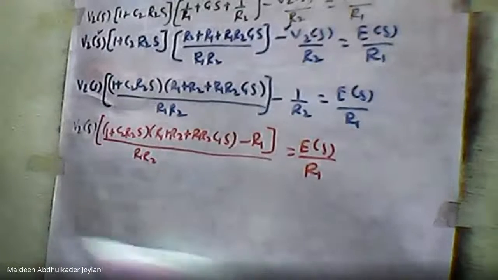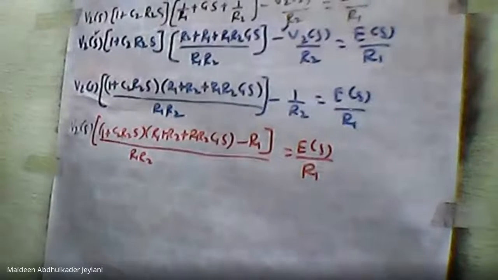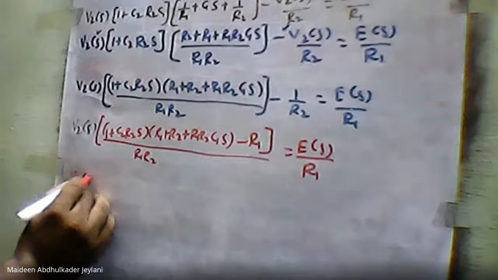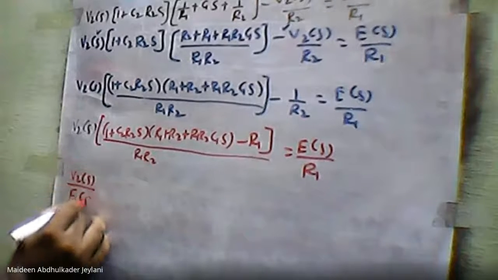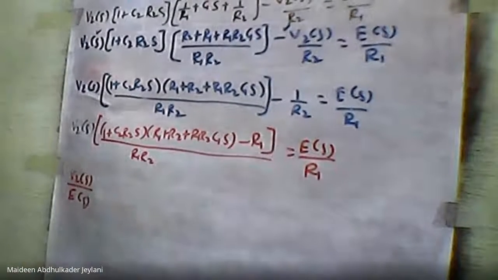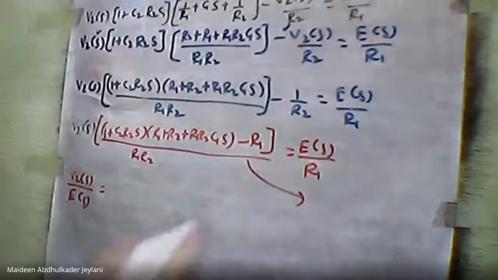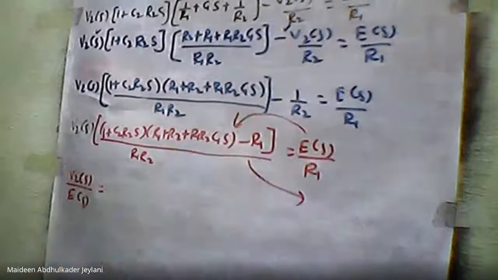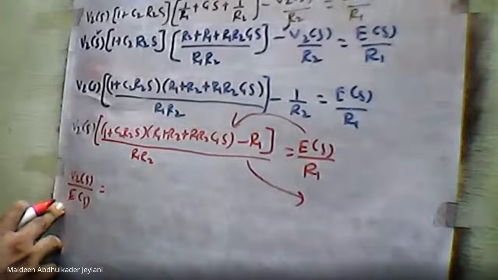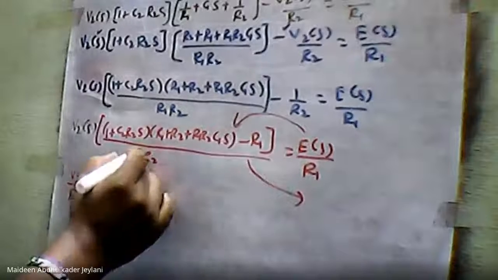So what's our transfer function? The Laplace transform of output to the Laplace transform of input. Okay, find output is V2 of S divided by E of S. Okay, if you bring this term to the right hand side and bring right hand side terms to the left hand side, V2 of S divided by E of S. So here we can cancel R1 and R1.